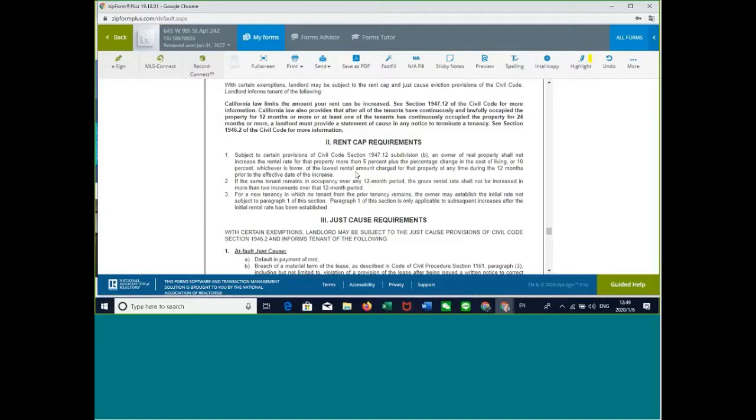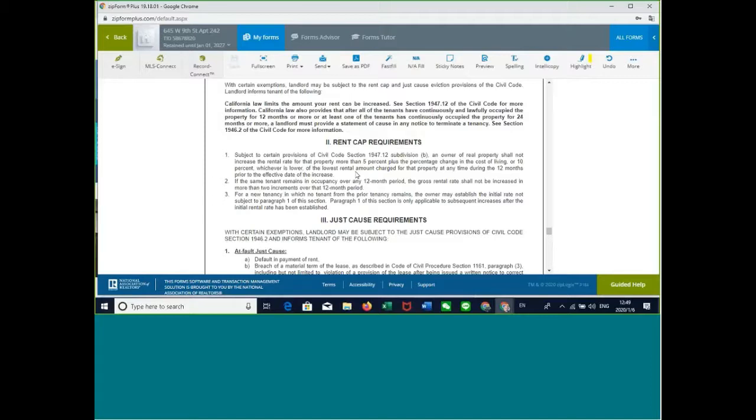If the same tenant remains in occupancy over any 12-month period, the gross rental rate shall not be increased in more than 2 increments over that 12-month period. In other words, you have 2 requirements. One is the maximum.